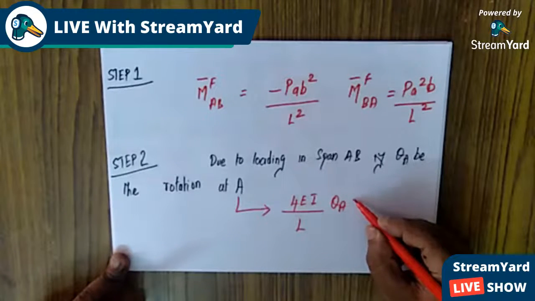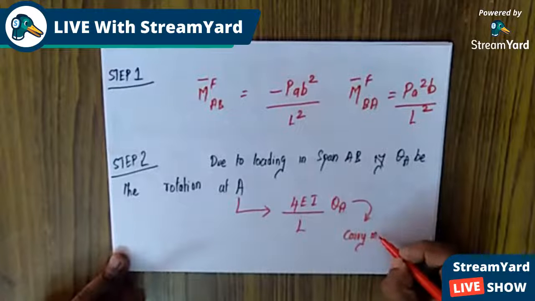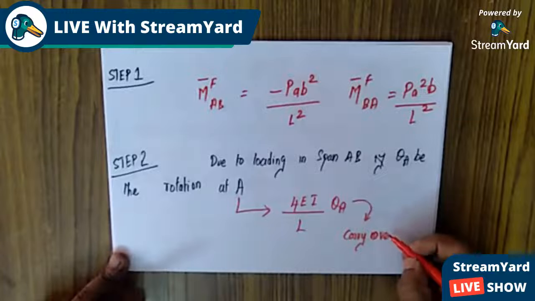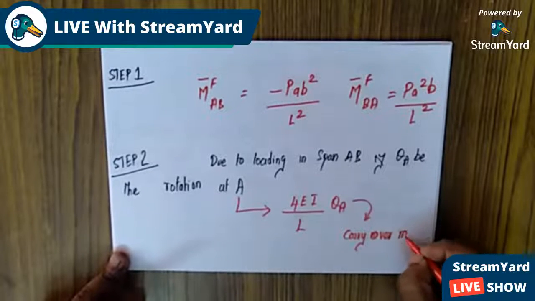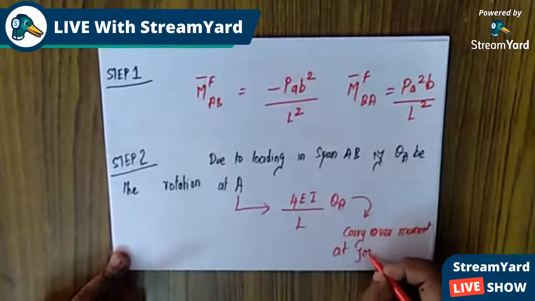So this in turn will give rise to a carryover moment at joint B.